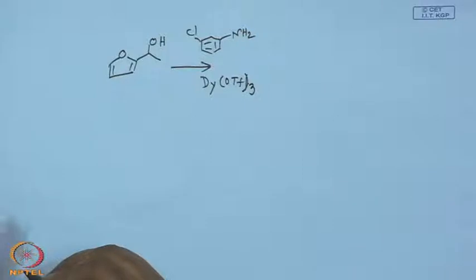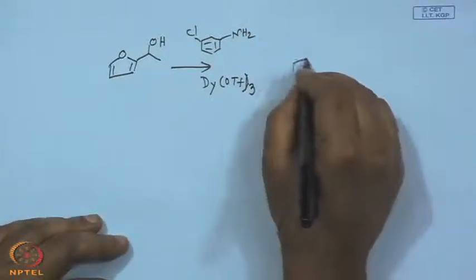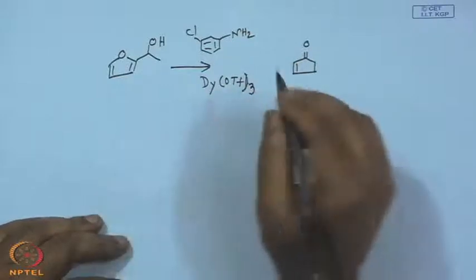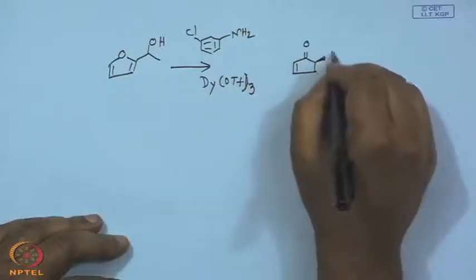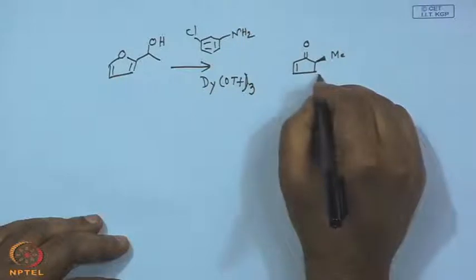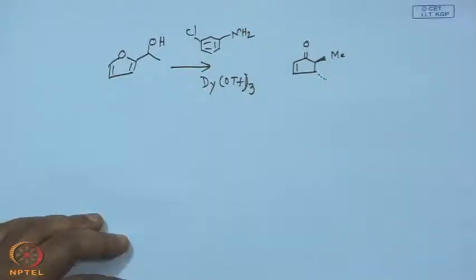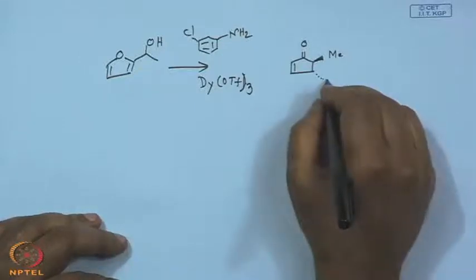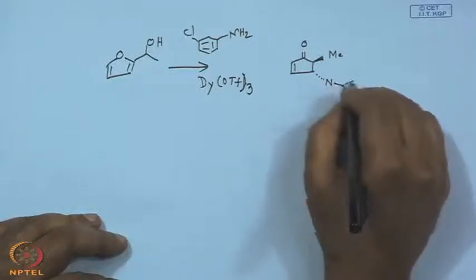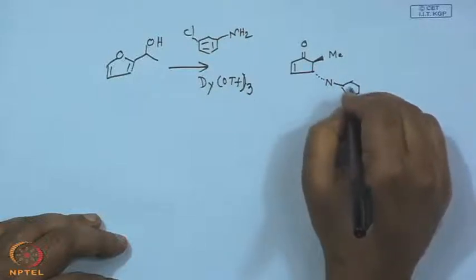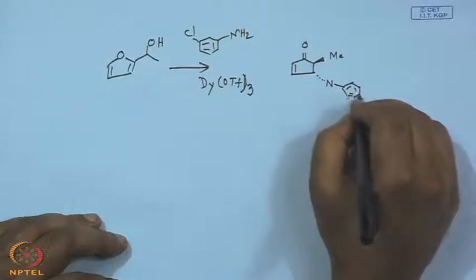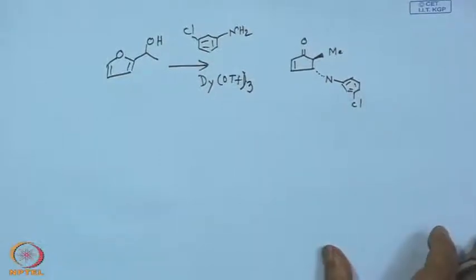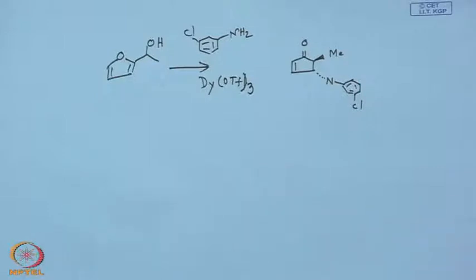So, it is a non-aqueous medium. So, what you will be getting, you can just blindly write the cyclopentanone, and R in this case is a methyl, and the disposition is trans. Now, in the place of OH you can expect an amine. So, this was done, that means what we can say is a Piancatelli rearrangement.